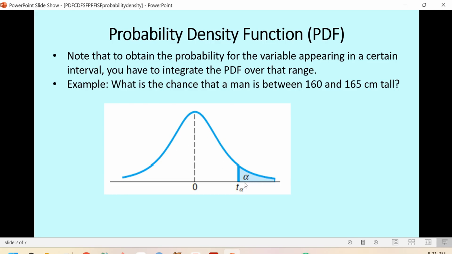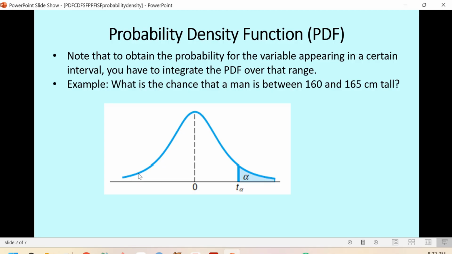For the continuous probability distribution, we cannot calculate the probability associated with a particular value. For example, this curve is a normal distribution, here is a t-distribution, but if you want to calculate the probability for a particular value, this is 0, because it's very, very small, limited to 0 interval, so it's 0.